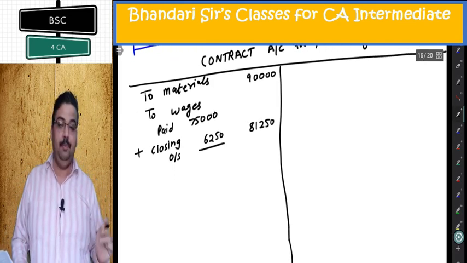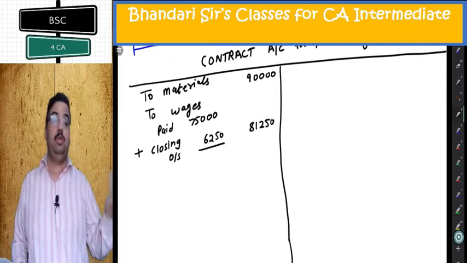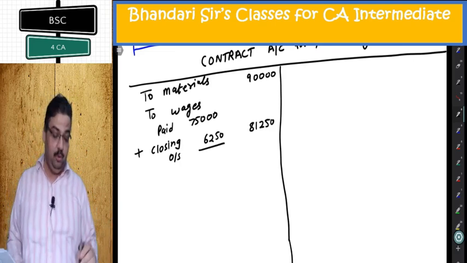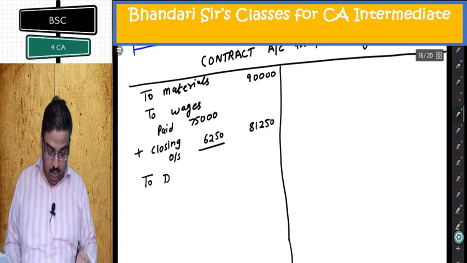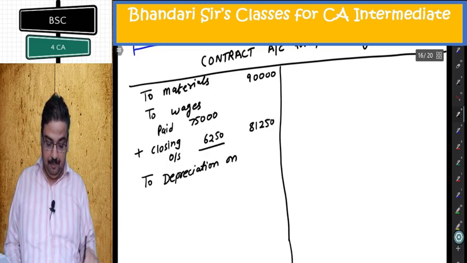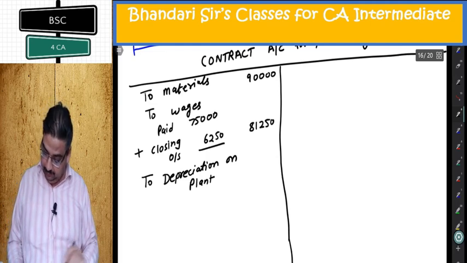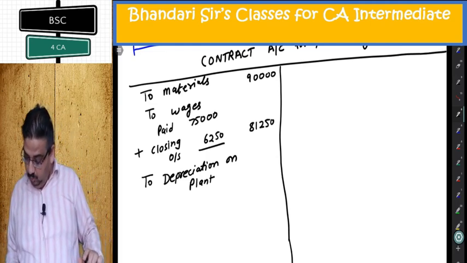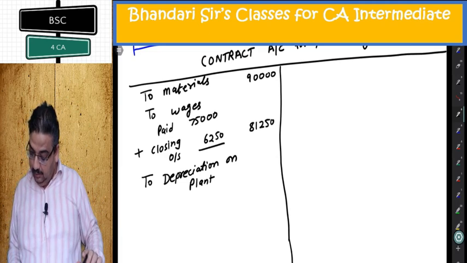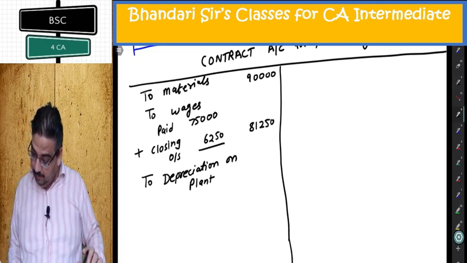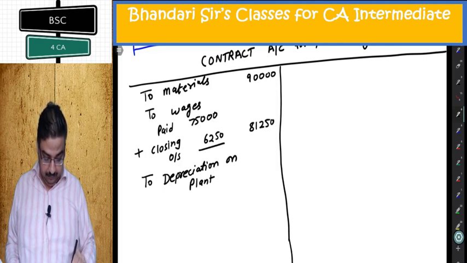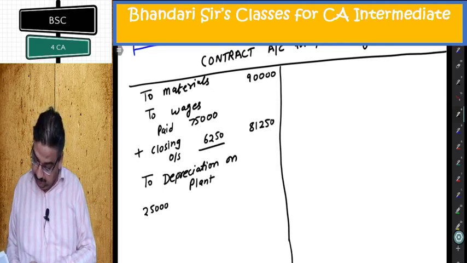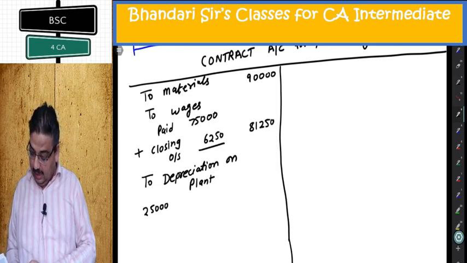The plant I don't put. Your institute do put plant opening here, closing there, then they put sale also, profit on sale. I'll not put. I'll put only depreciation. To depreciation on plant. Now, value of plant given in the beginning 25,000. Then at the bottom, part of plant was scrapped and disposed of for 2875.